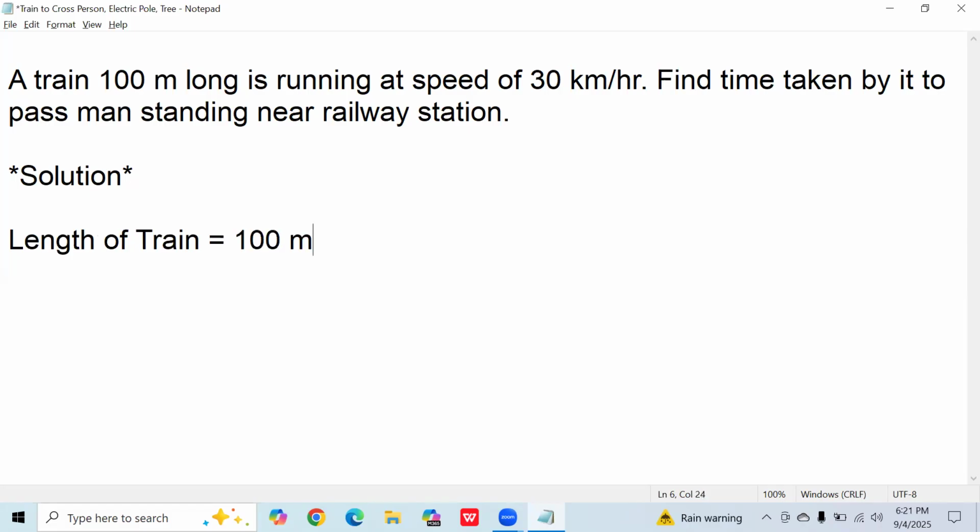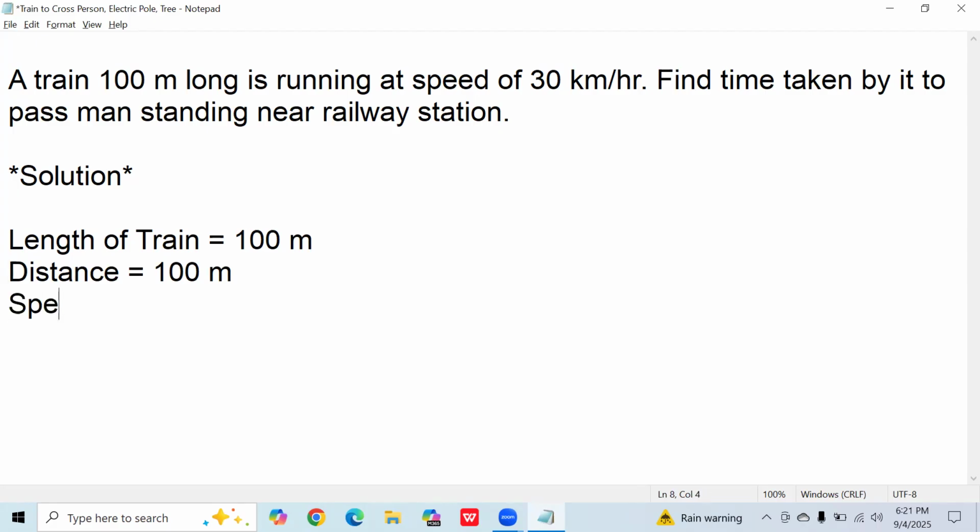We know that the length of the train is very big as compared to the length of a man or tree. So we can say man's length is negligible. Basically our distance for our train to cover that man will be as good as 100 meter. Distance will be as good as the length of the train itself. So distance is 100 meter.